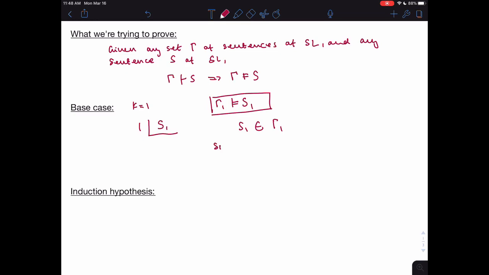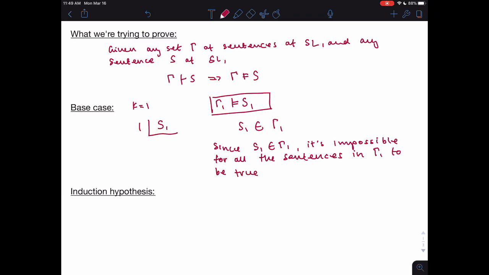So since S1 is a member of gamma 1, it's impossible for all the sentences in gamma 1 to be true and S1 to be false, right?